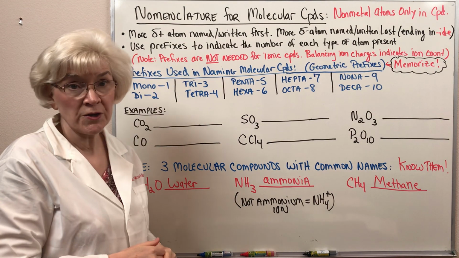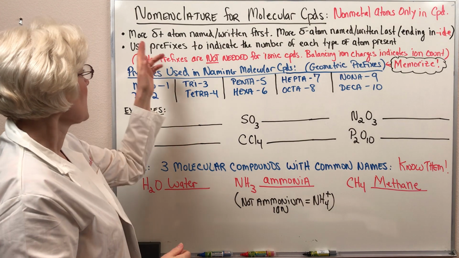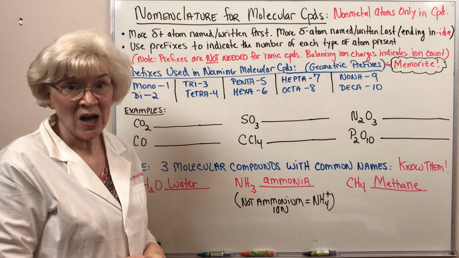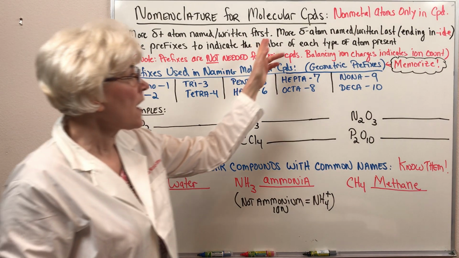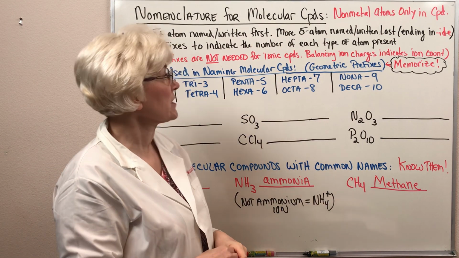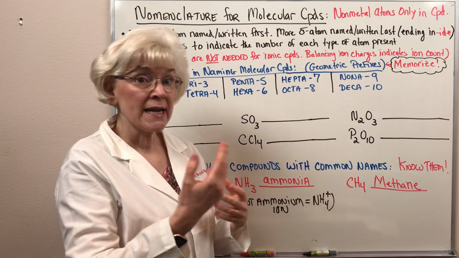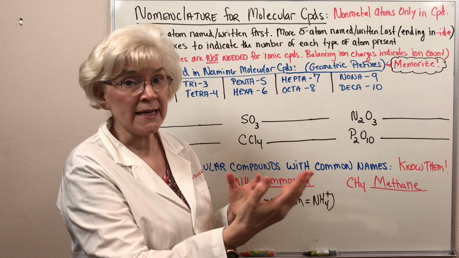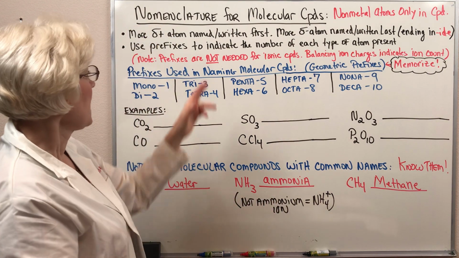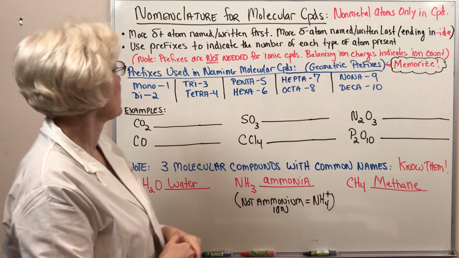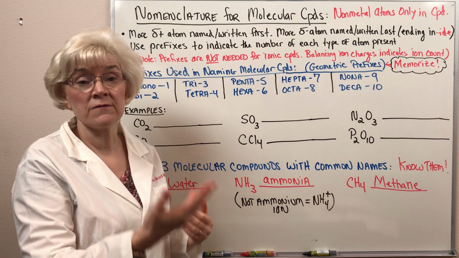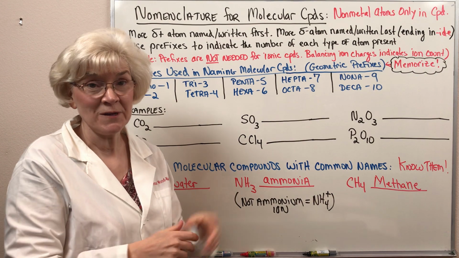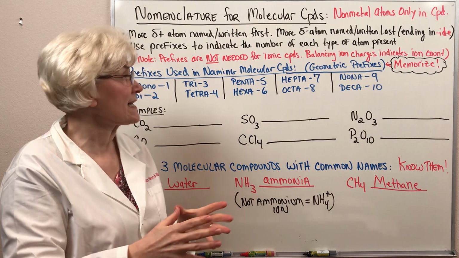The convention when you're naming molecular compounds is to name or write the more partially positive atom first, followed by the more partially negative atom, and the name of the more partially negative atom will change to end in IDE, ide. And of course, you figure out whether or not an atom is partially positive or partially negative using the concept of electronegativity that we discussed in a previous lesson.